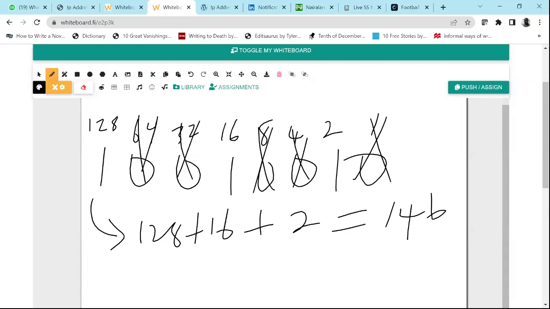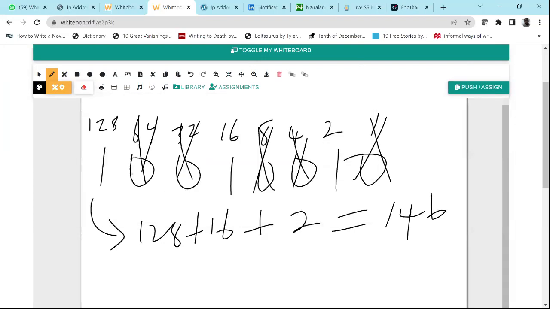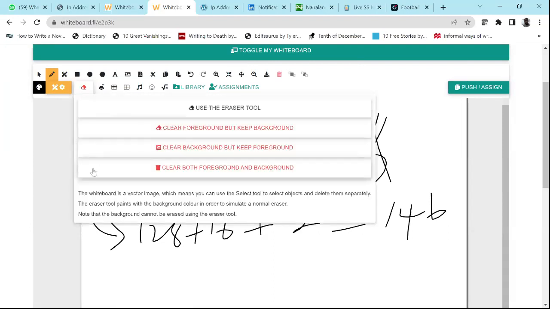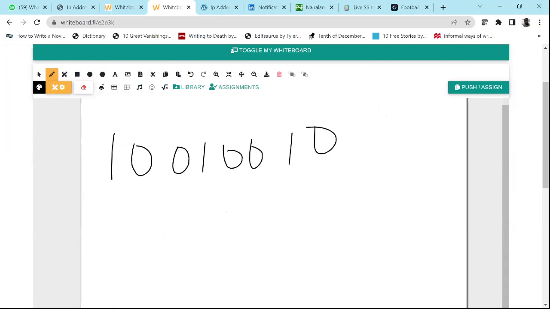Let me write it out again, without the jargon. 10010010. So we're converting 10010010.